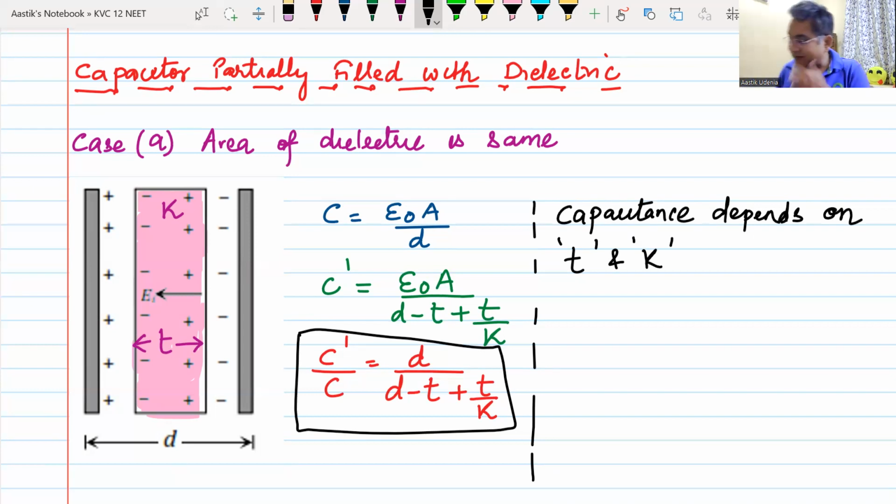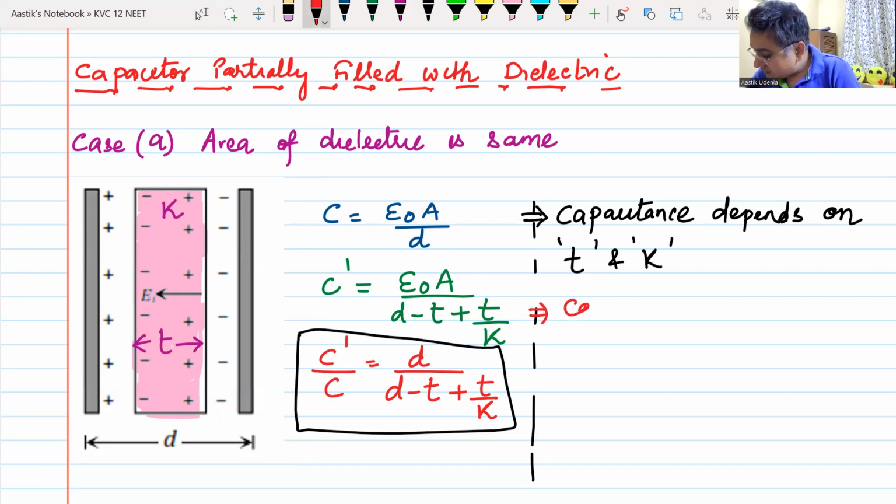What is K here? K is the dielectric constant. It depends on these two factors.